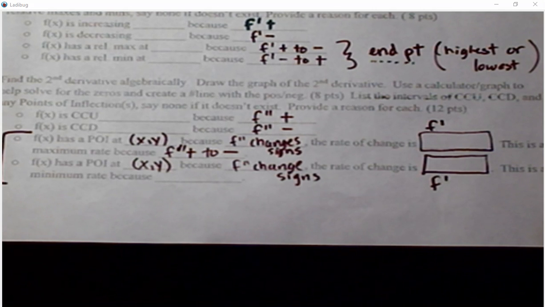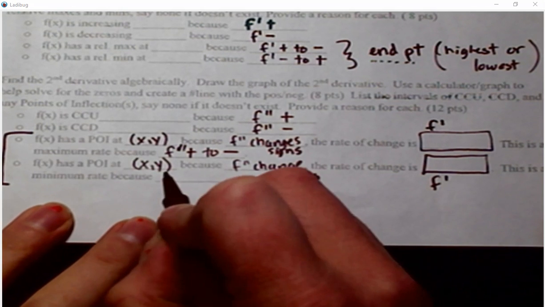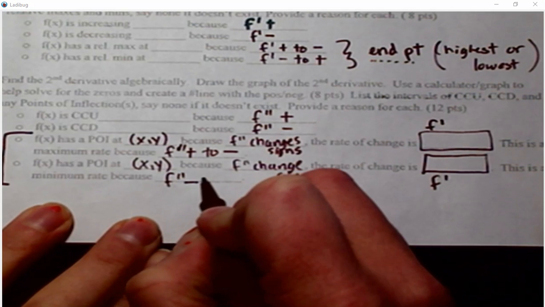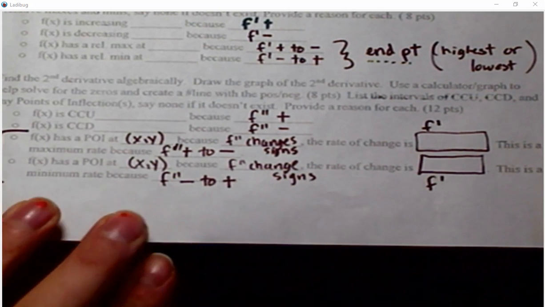If I look at that last column up there, the first row says a point of inflection, the second row has a minimum, and the third row is negative to positive. So if you have a minimum rate, it's because double prime goes negative to positive.